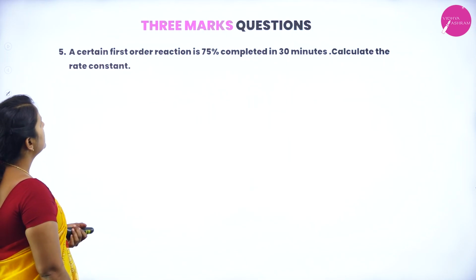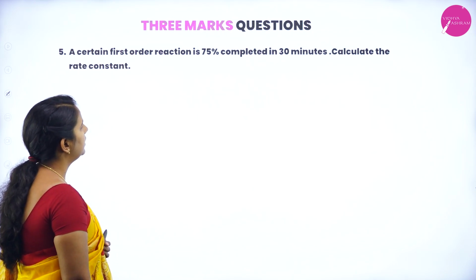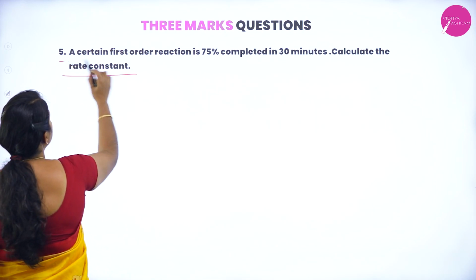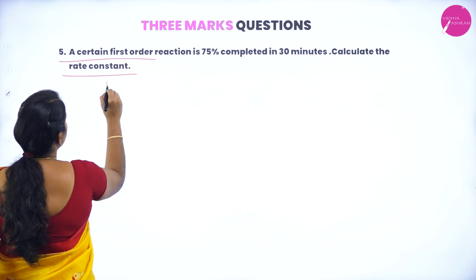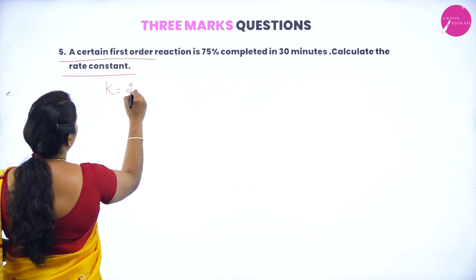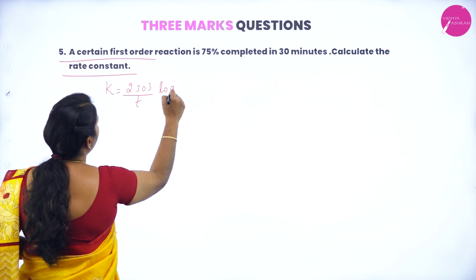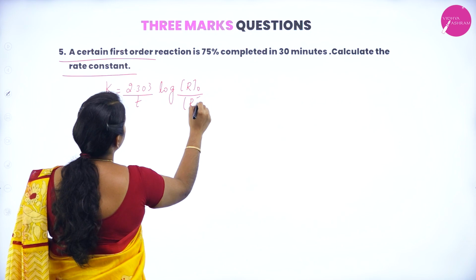Lastly, a certain first order reaction is 75% completed in 30 minutes. Calculate the rate constant. They have mentioned that it is a first order reaction. So for first order we have the equation K is equal to 2.303 divided by T into log of the initial concentration of the reactant divided by the concentration of the reactant.